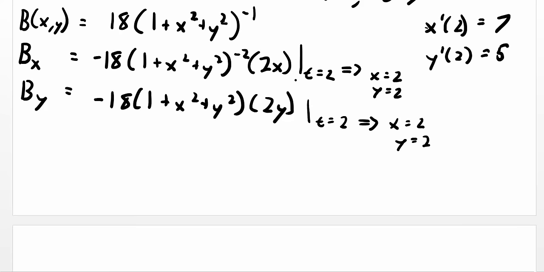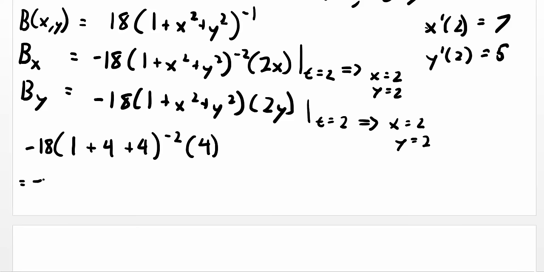So notice that we're plugging in 2 for every x and y, so the numbers should be the same on both of these. So negative 18 times 1 plus 2 squared is 4, plus 2 squared is 4, to the negative 2, times 2 times 2 is 4.